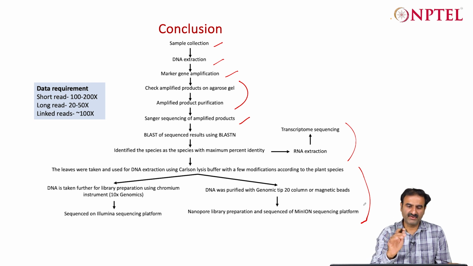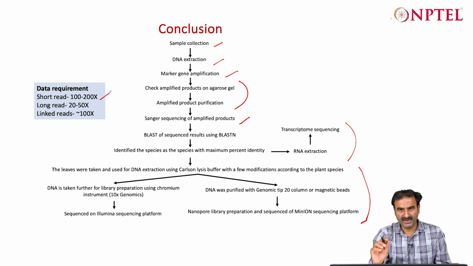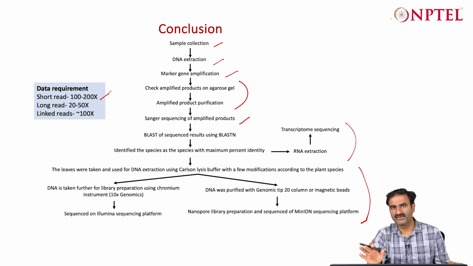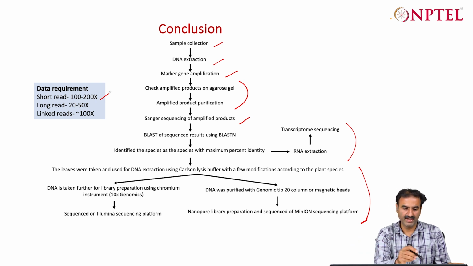Basically the data requirement: whatever your genome size, short read data should be about 100 to 200x. So if the genome is 1 GB, like in the case of turmeric, you should sequence at least 100 to 200 GB, or billion base pairs. Long read should be 20 to 50x, so for a 1 GB genome, almost 20 to 50 GB of long read data should be there.